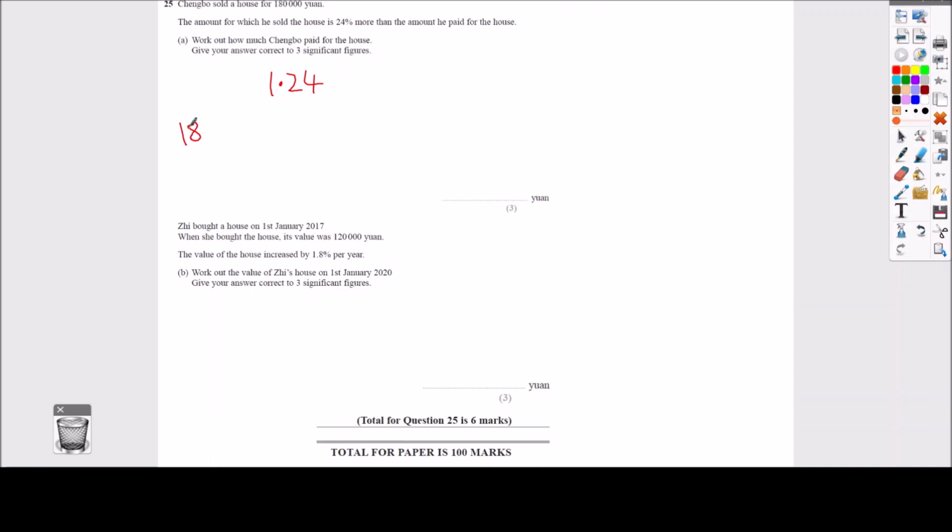So this is going to be 180,000 divided by 1.24, which is 145,161. But to three significant figures, that's 145,000 yuan.